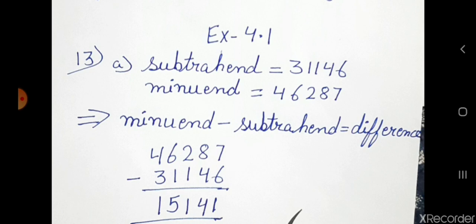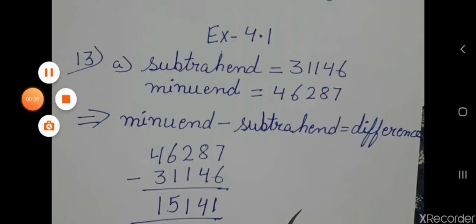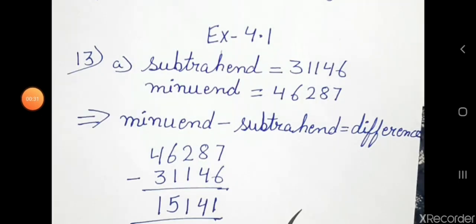So in this question the minuend is 46,287. First of all we have written that, and the subtrahend is 31,146.